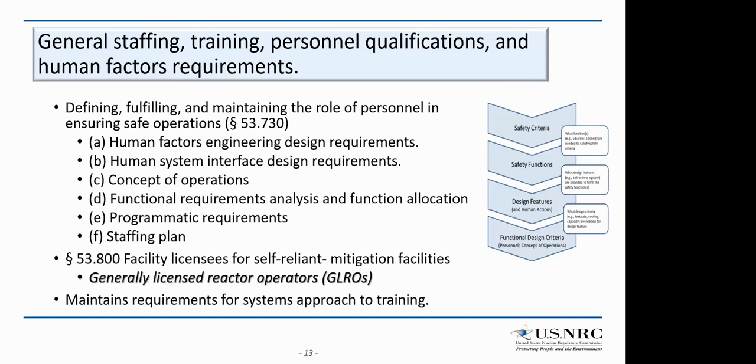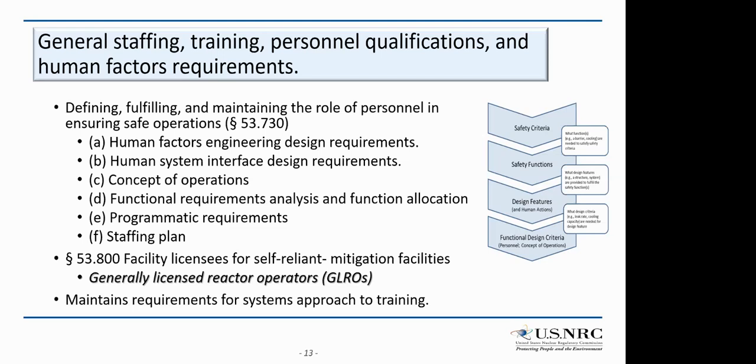One really, to me, transformational element within Part 53 is that if you can go through this exercise and basically show that because of passive and inherent features of the reactor, people play a very little role, then you can use a generally licensed reactor operator.